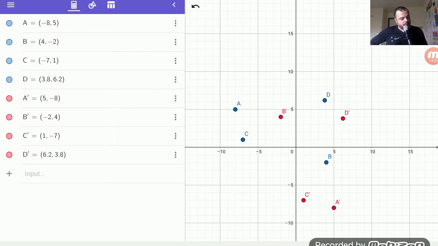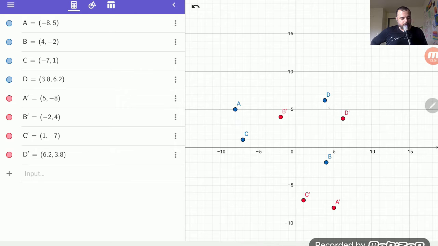I would like to draw a straight line in the middle between these 2 points. For example, what is the middle point between D and D prime?